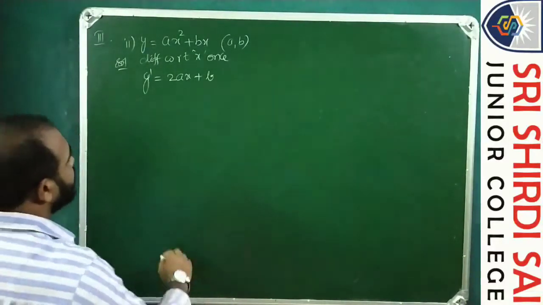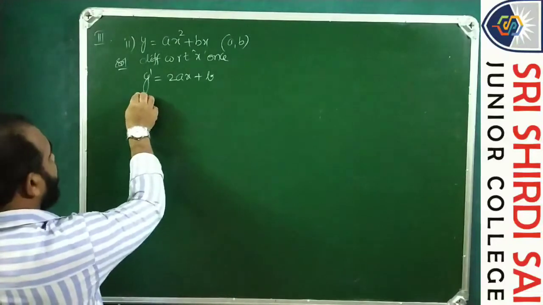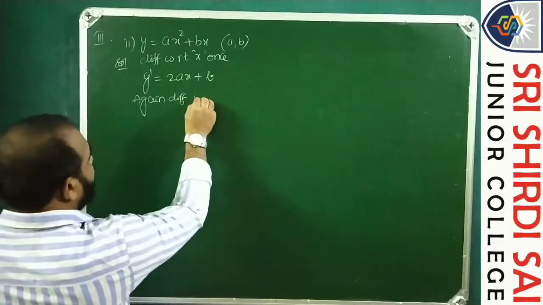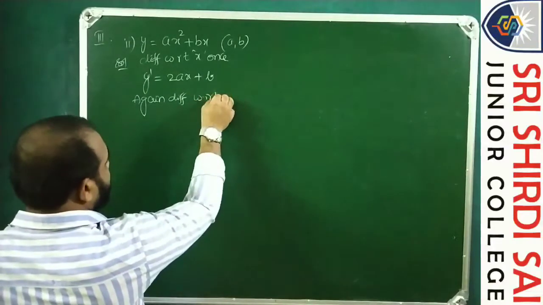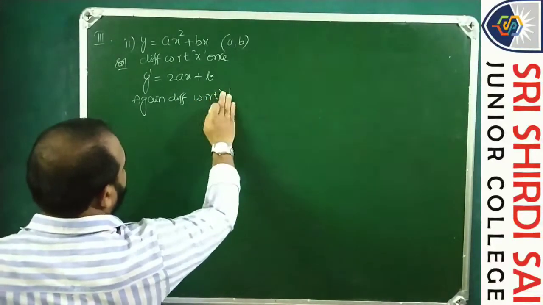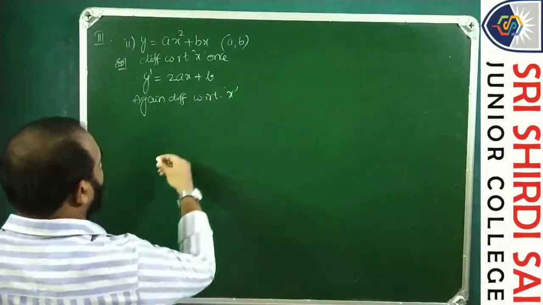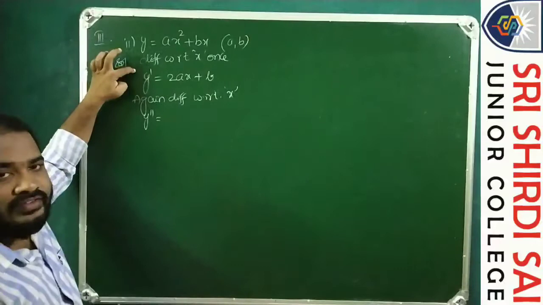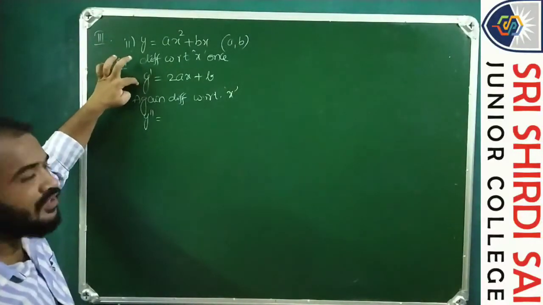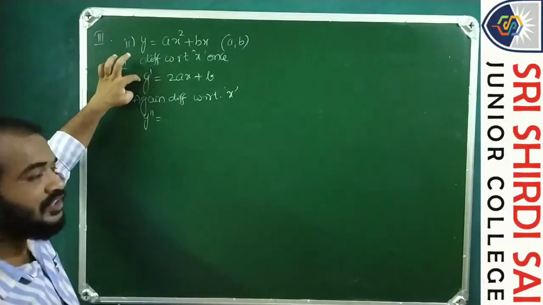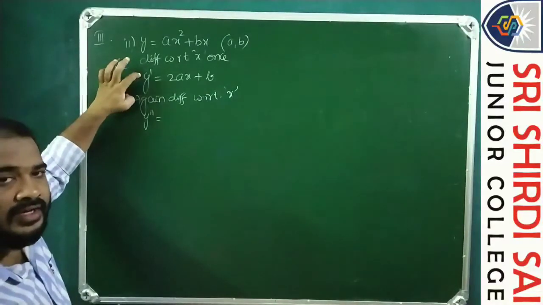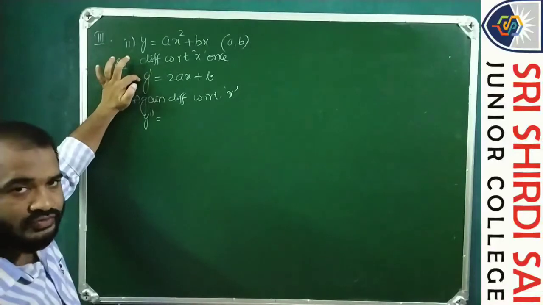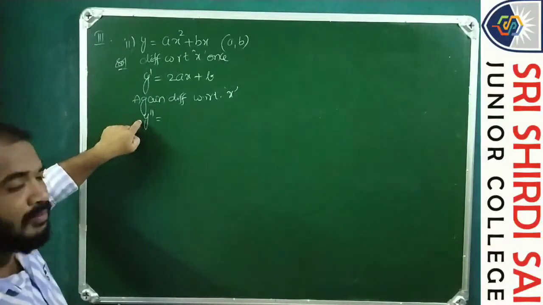From this, again differentiating with respect to x, this time we get y double dash. Y dash is dy by dx, and if we differentiate it, we get d square y by dx square, which is also represented by y double dash.